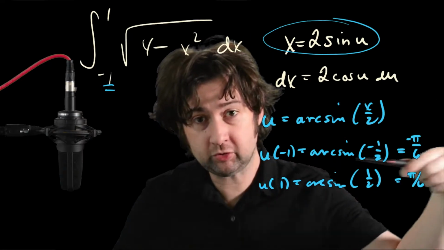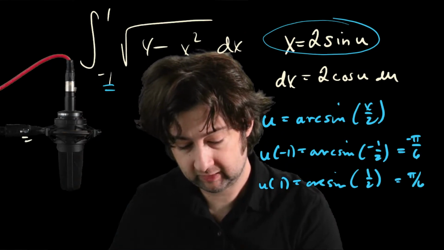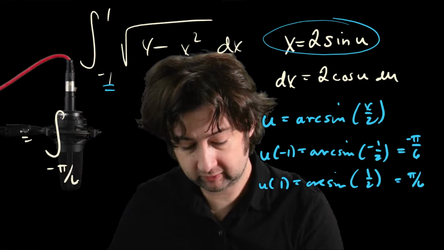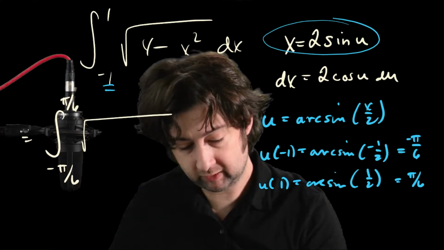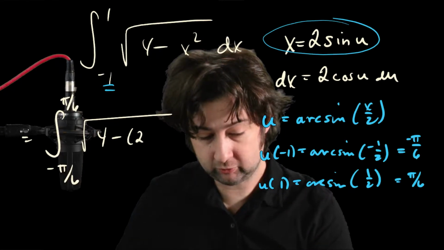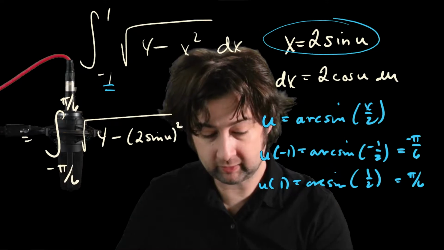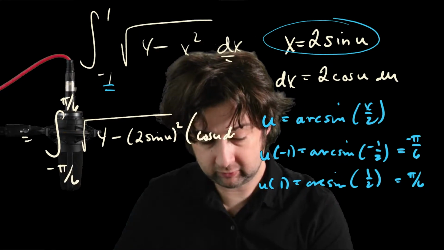And so with this substitution, I can completely transform this integral into the following. The integral from -π/6 to π/6 of the square root of 4 minus, not x squared anymore, but (2 sine u) squared. And then the dx is going to get replaced by cosine of u du.